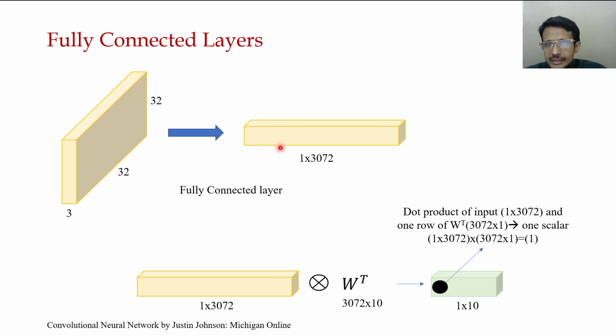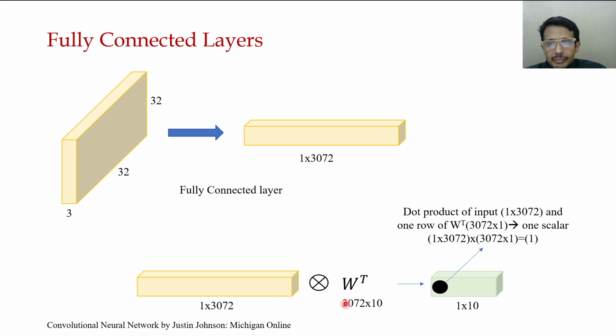Now this vector of such dimension is convolved with the convolution matrix. What is the dimensionality of the convolution matrix? If there is one convolution matrix, it is 3072 into 1, but here we get 10 such, so ultimately this convolution matrix has dimension 3072 into 10.